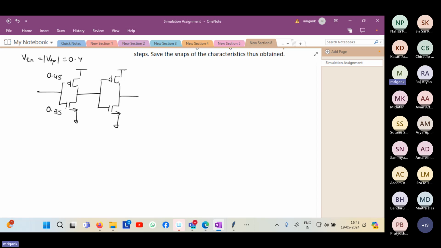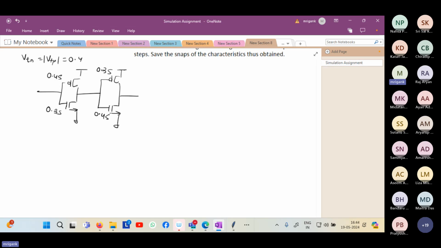And in this stage, the opposite is happening. This is 0.45 and this is 0.35. That means in the first stage, VT of the PMOS is higher and VT of the NMOS is lower. In the second stage, VT of the PMOS is lower and VT of the NMOS is higher.